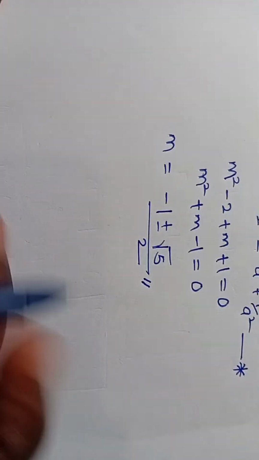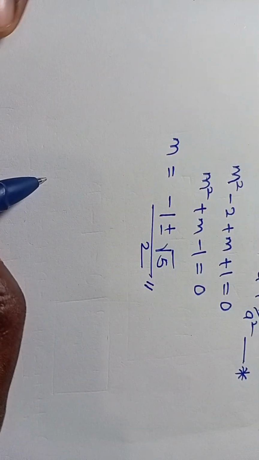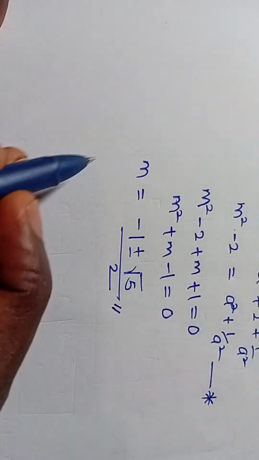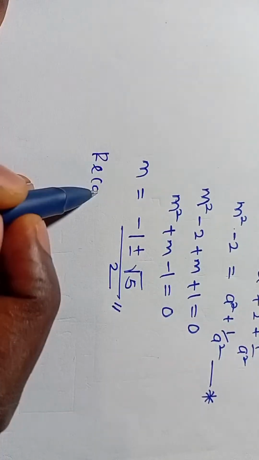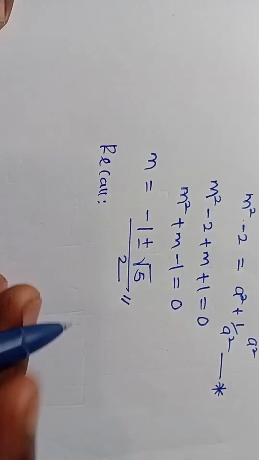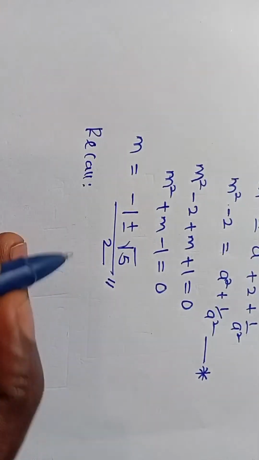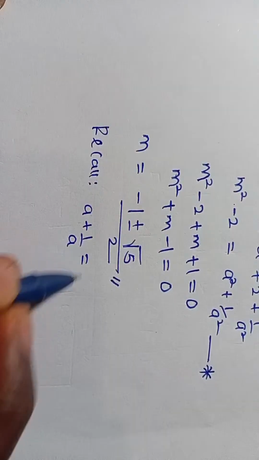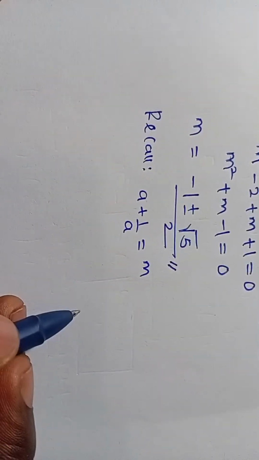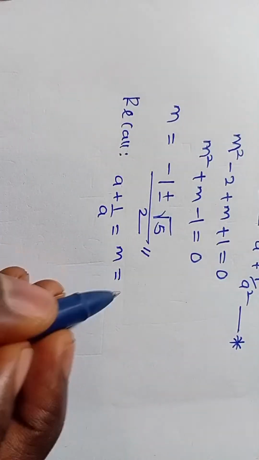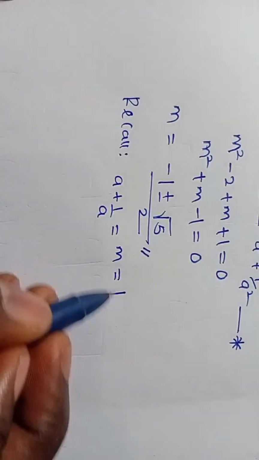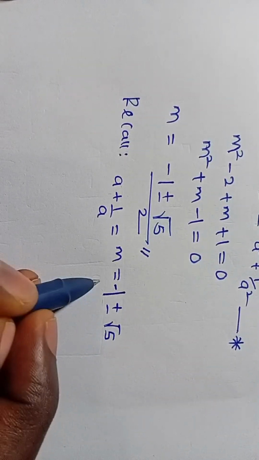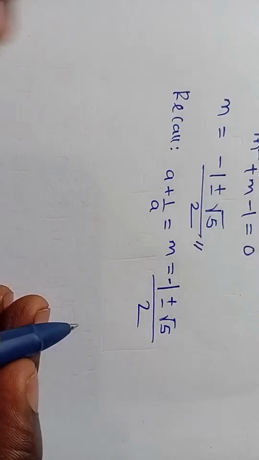Now, let us substitute. Recall that we have a plus 1 over a to be equals m. And our m equals minus 1, positive or negative, root 5 over 2.